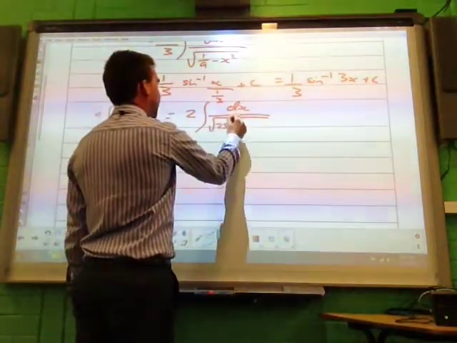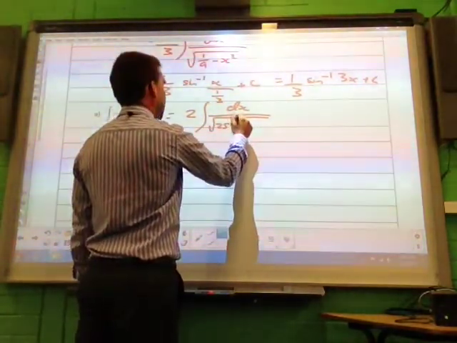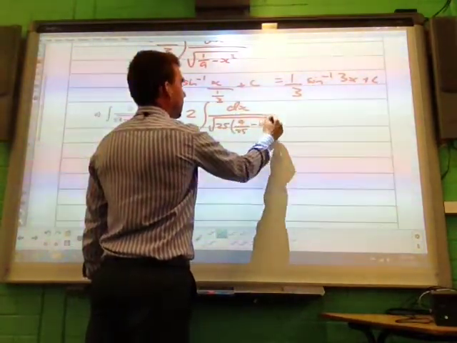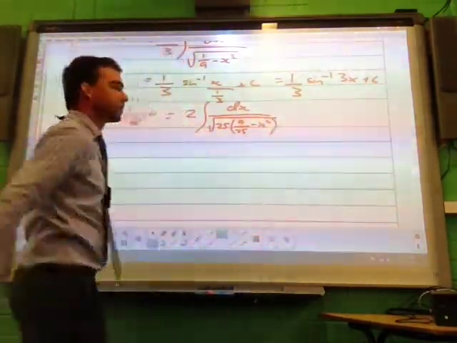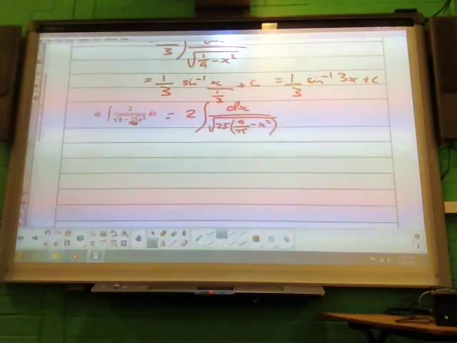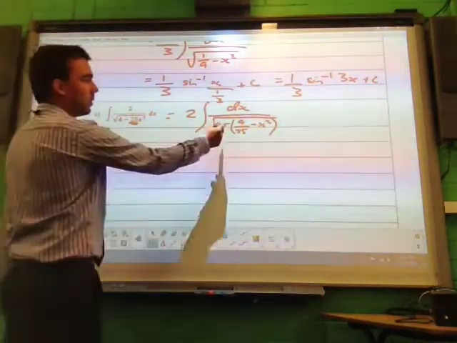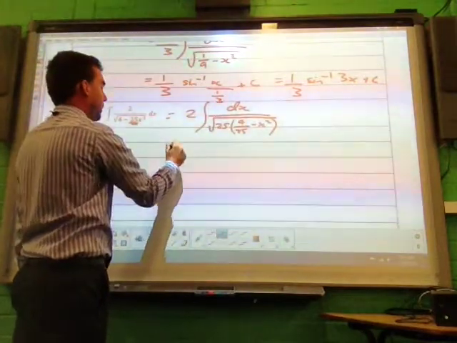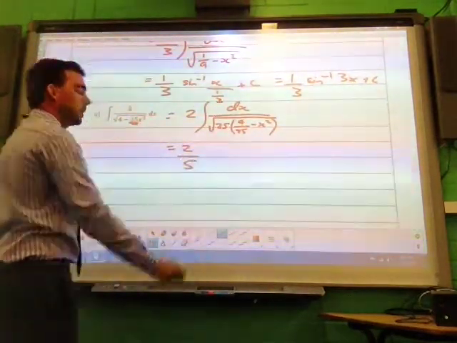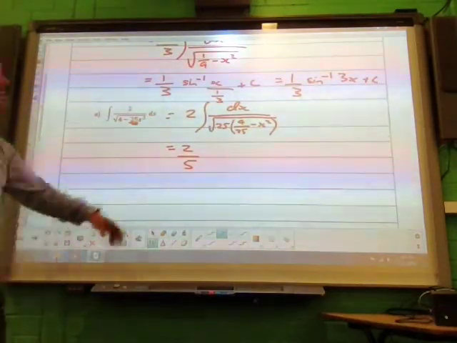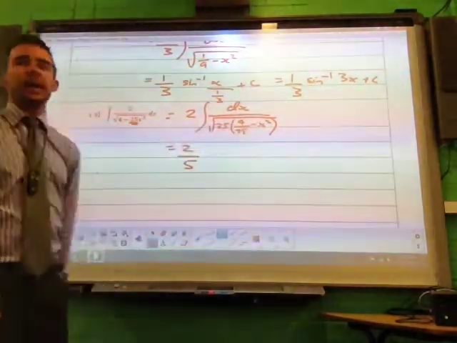So take the 25 out. So you have 4 on 25 take away x squared. Okay, so we can take the square root of 25 and move it out the front. So 2/5. And the rest of it is 4 over 25 take away x squared.